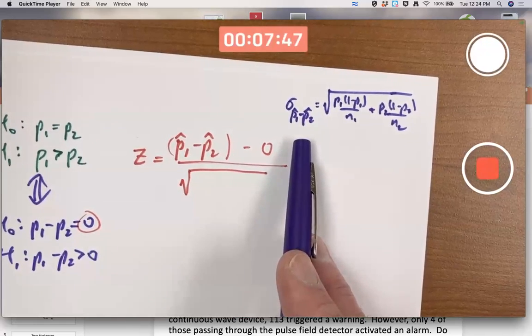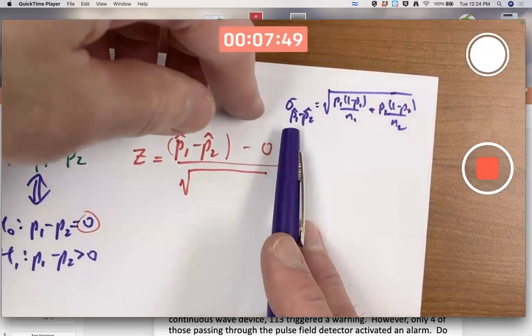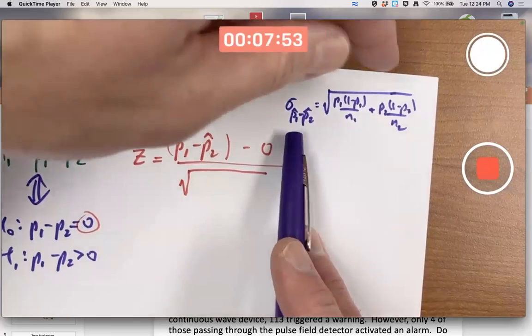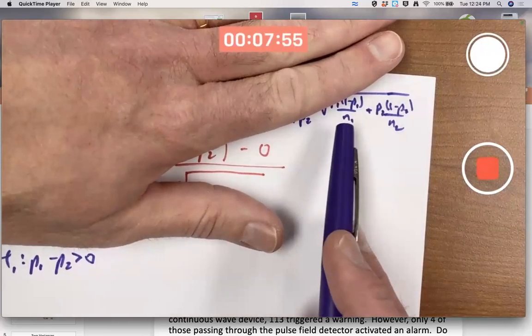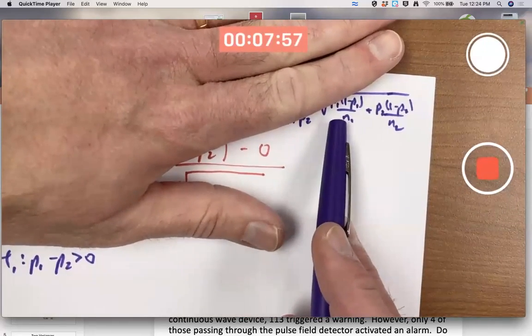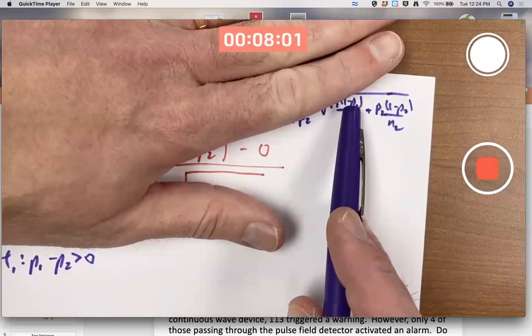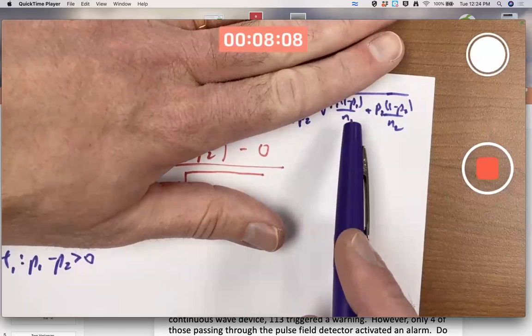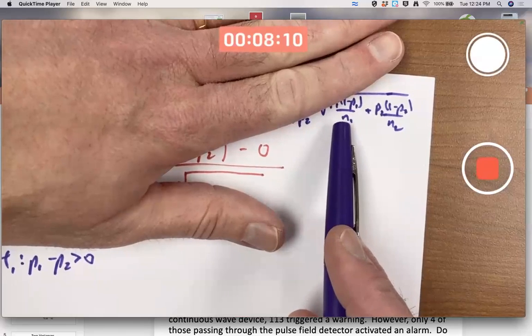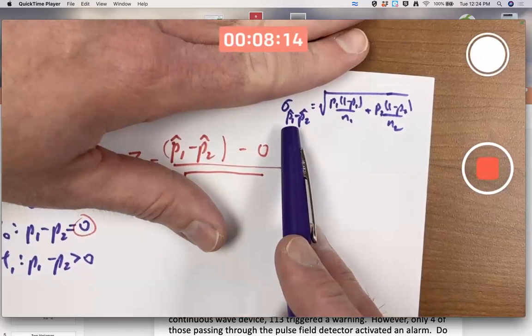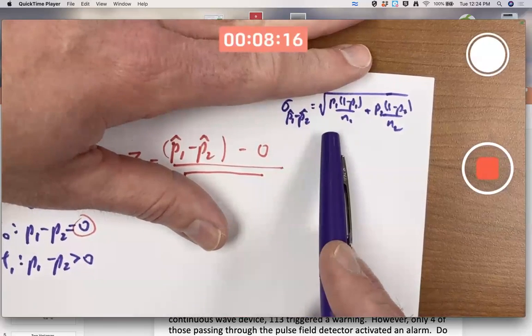You can say, for example, that P1 hat is approximately normally distributed with a variance equal to P1 times 1 minus P1 over N1, because P1 times 1 minus P1 is the variance of X1 itself. Divide by the sample size, and that gives you the variance of P1 hat. Similar kind of thing for P2 hat.